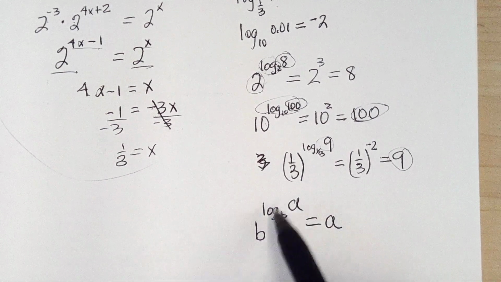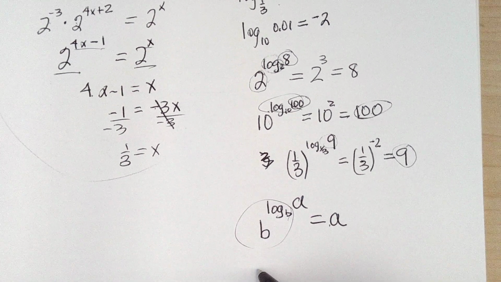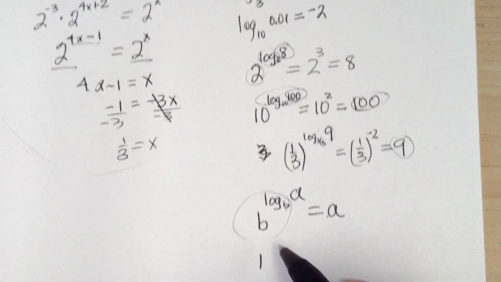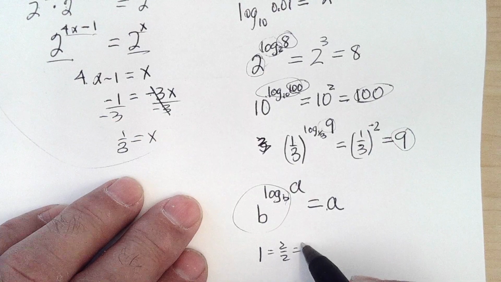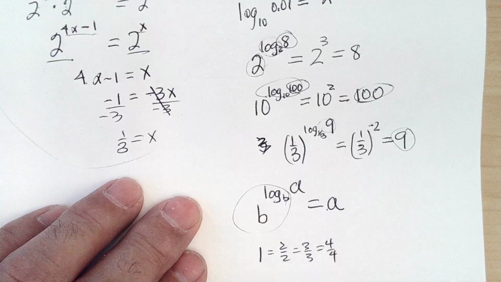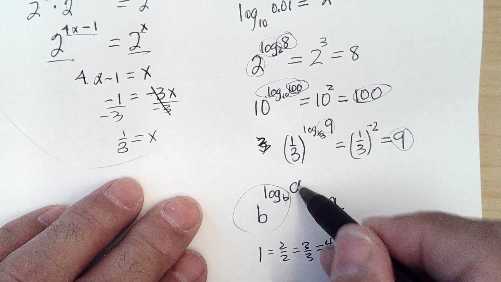Or another way to write a. Just like when we were learning fractions, we learned that we can write 1 many ways. We can write it as 2 over 2, or 3 over 3, or 4 over 4. Well, we can write a as b to log base b of a.